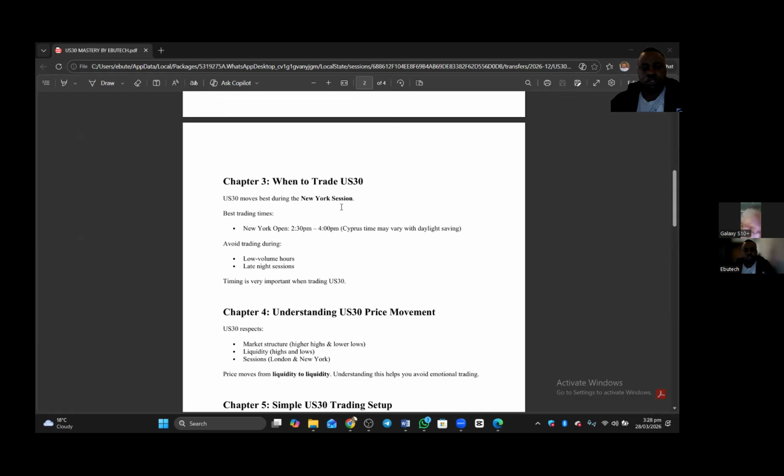The second one is avoid trading during low volume hours. So now, when trading US30, you don't trade all the time. When the market has low volume hours, you don't trade. Late night sessions, you don't trade. That is why we have the time frame, the time that we trade US30.